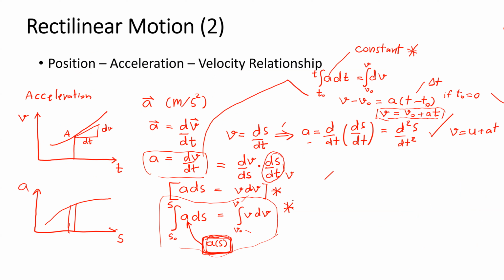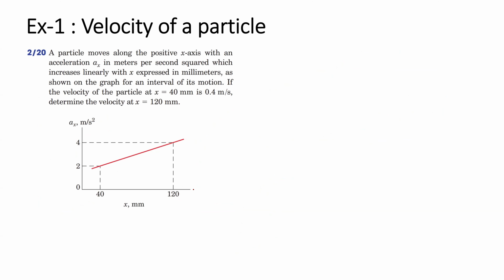This is a new one: A dS equals V dV. If you don't understand what I teach and need more extensive explanation, everything on this, all the plots and all the relationships, is also described in the textbook. So let's go on to the example.